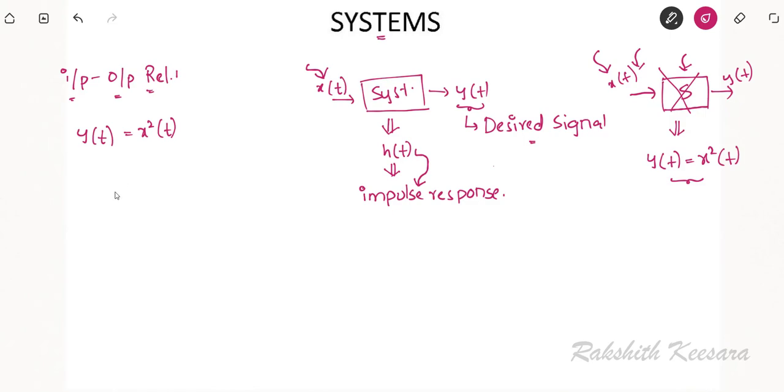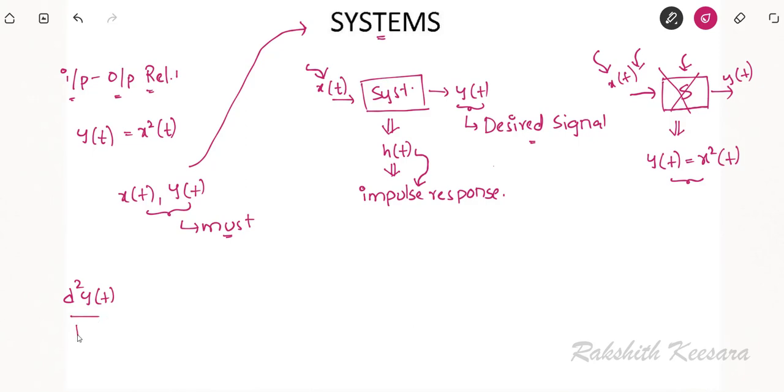So, in an equation an input and output must be present, then only the equation will become a system. For suppose, let me write an equation like this: d square y of t by dt square plus dy of t by dt plus y of t is equal to 0.